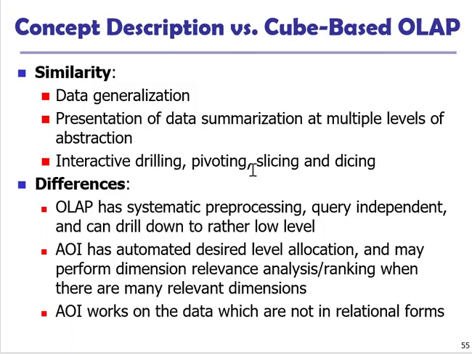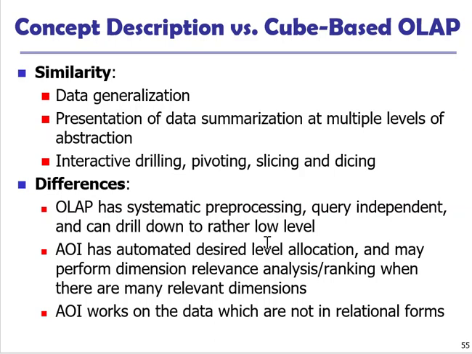So to summarize the AOI approach to concept description versus the cube-based OLAP description, my feeling is that OLAP was designed for database data and business intelligence, and it's defined in a standard way to separate dimensions and measures.